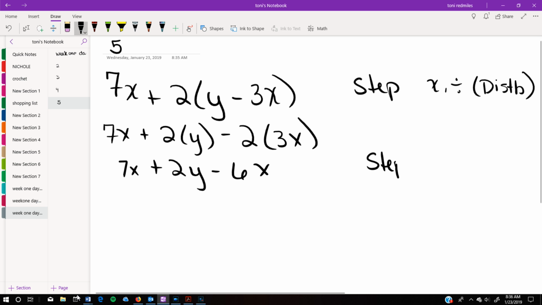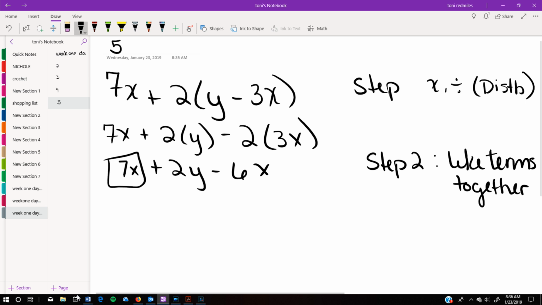Step 2, get my like terms together. Alright, so this is like with this. Nothing is like with the 2y, so I just put it at the end.